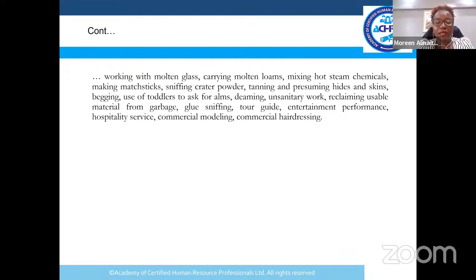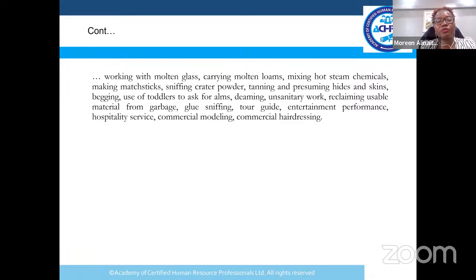It is illegal to use children as beggars. Some people take their children to the street, or they actually employ children to go and beg, use the toddlers to ask for alms. Unsanitary work is not allowed for children.